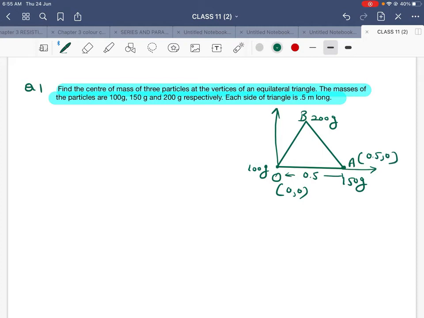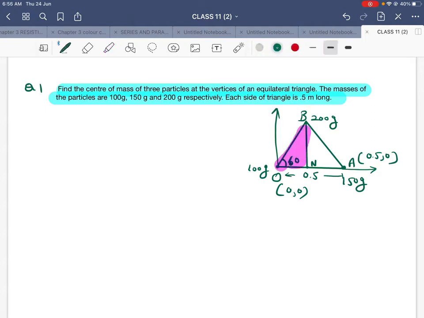Now we have to find the coordinates of B. Draw a perpendicular from B, and because this angle is 60 degrees, suppose this point is N. Consider triangle ONB.